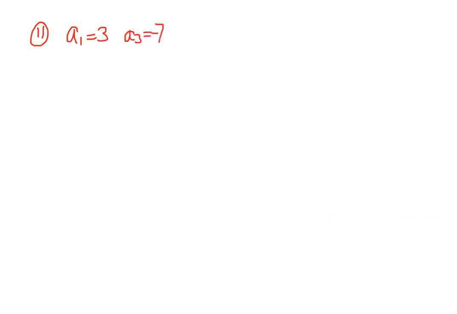So let me put our formula up here. Okay, there's our formula. There are 4 unknowns here: an, d, n, and a1. So if we know 3 of them, we can find the 4th one.